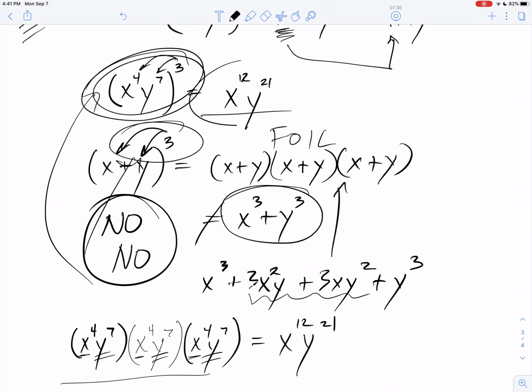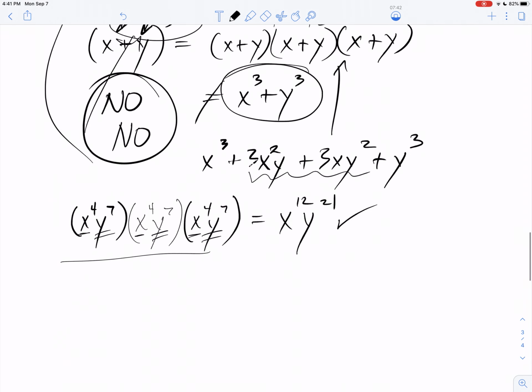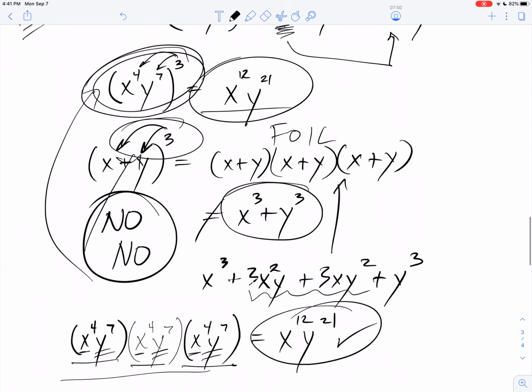Look, this is the shortcut to get the same answer. Well, wait a minute. So if you write it out like this, and then you add their powers, you get the same answer. That is true. This is just a shortcut. And this shortcut only works when it's a monomial.